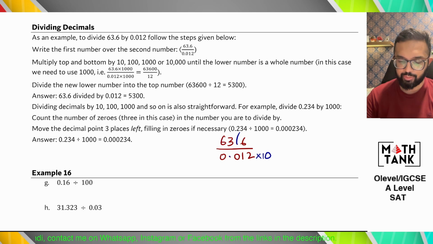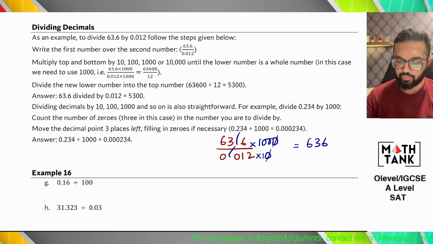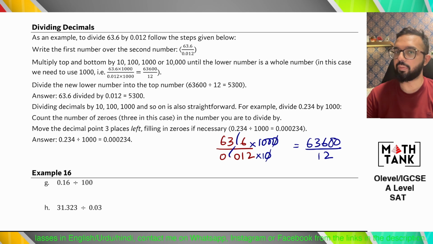Similarly, I was told to move the decimal place like that, and that gives me 1000. Ultimately it's still going to give me 636. I cancel out the 0. The decimal has been removed, so this becomes 63600 divided by 12. It gives me the same answer, whichever way you want to think about it.